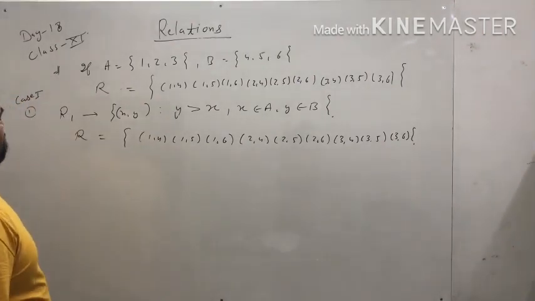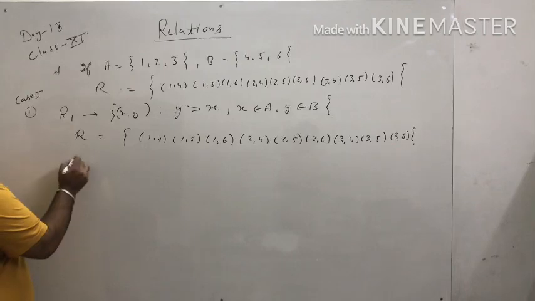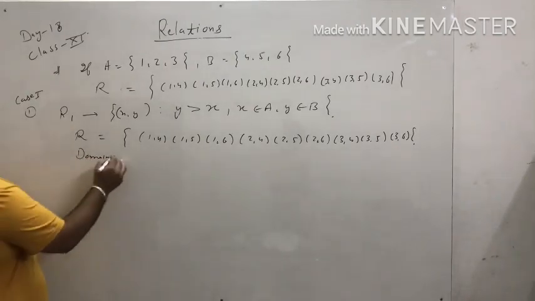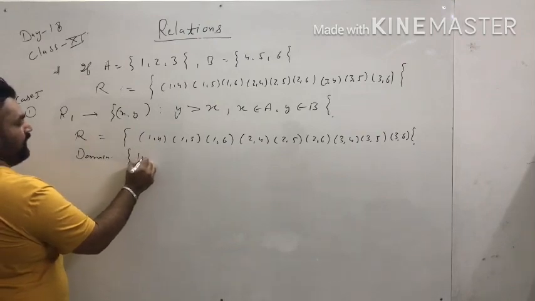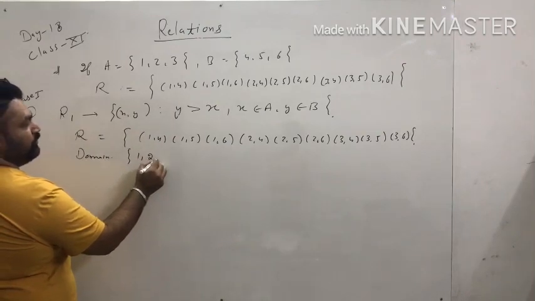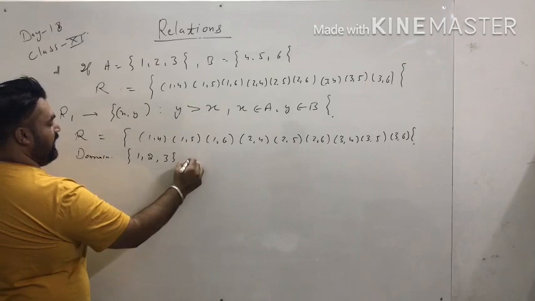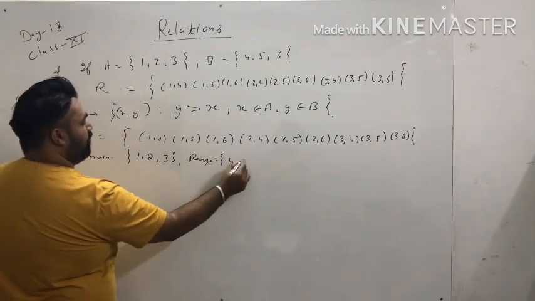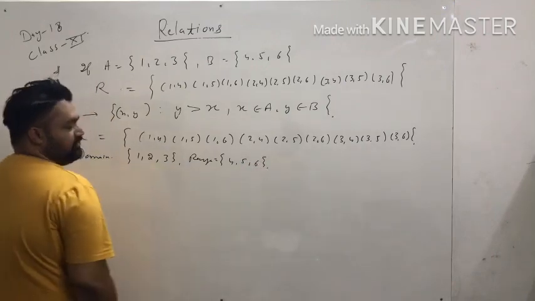Now what is the domain of R? Domain is 1, 2, 3 and range, the second elements, 4, 5, 6.